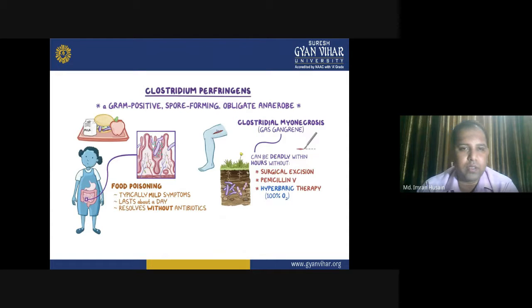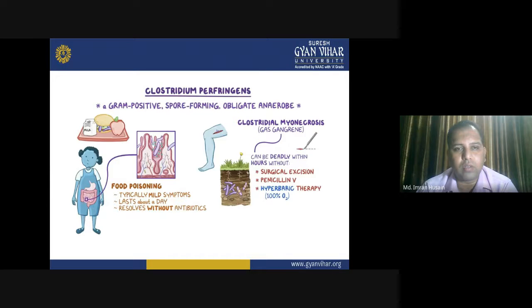Clostridium perfringens. It is a gram-positive spore-forming obligate anaerobe. The basic mechanism is that it causes food poisoning. Food poisoning typically has mild symptoms, lasts for about a day, but resolves without antibiotics.